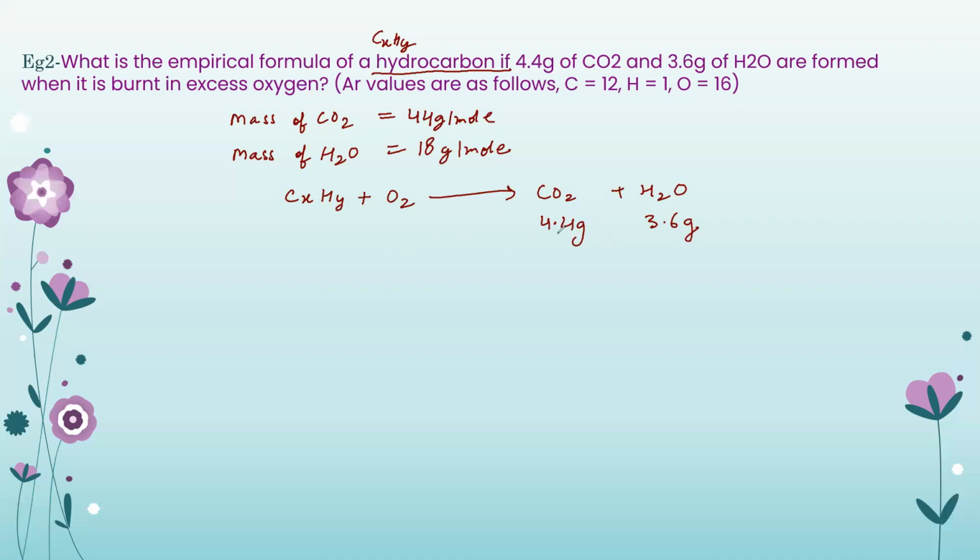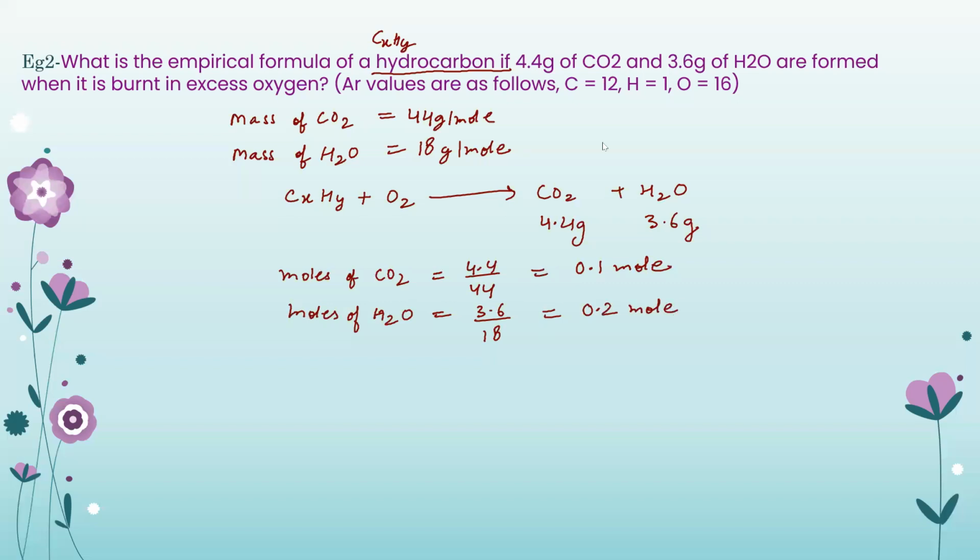So let us find the moles of carbon dioxide. Moles of carbon dioxide, 4.4 divided by 44, it would be 0.1 mole. And moles of water, it would be 3.6 divided by 18 equals 0.2 moles. So now you have moles of carbon dioxide and water.